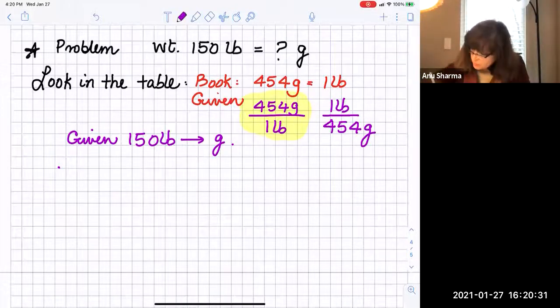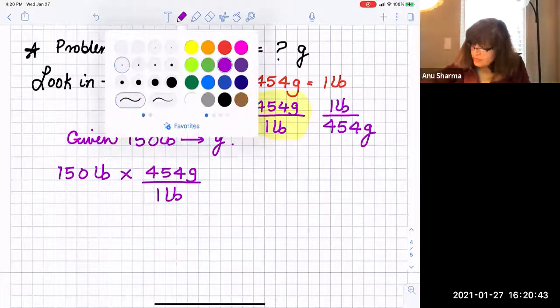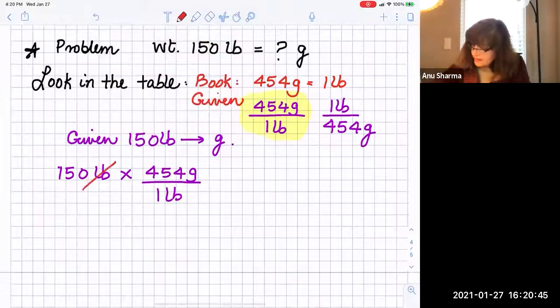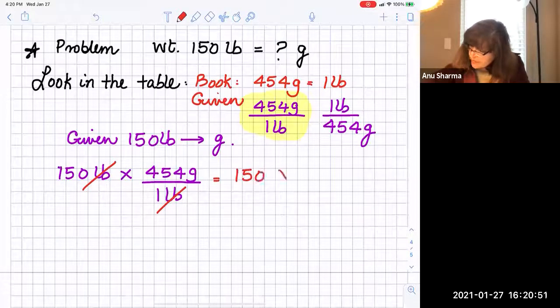So write down 150 pounds times 454 grams over 1 pound. And now you cancel these two out. So you are now left with 150 times 454 over 1.